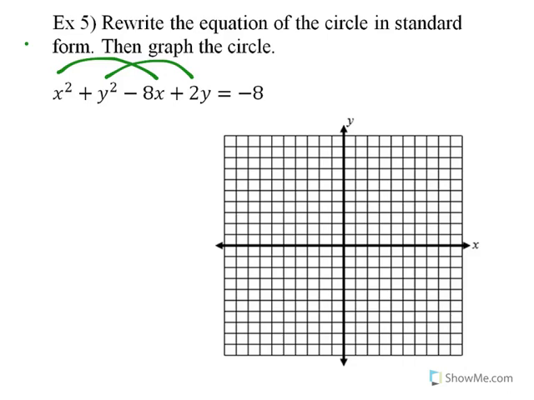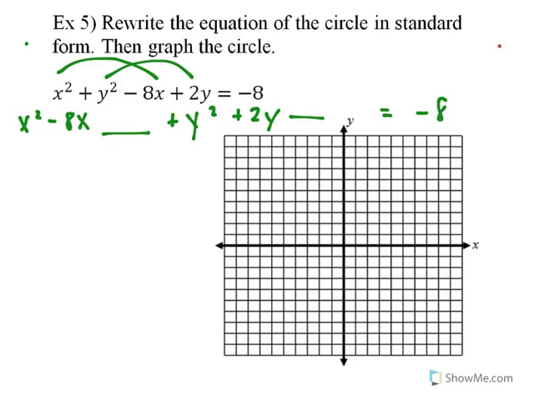So for this one, we'll have x squared minus 8x, and then we're going to leave a space, plus y squared plus 2y, we're going to leave a space, and then we have equals the -8 on the other side.